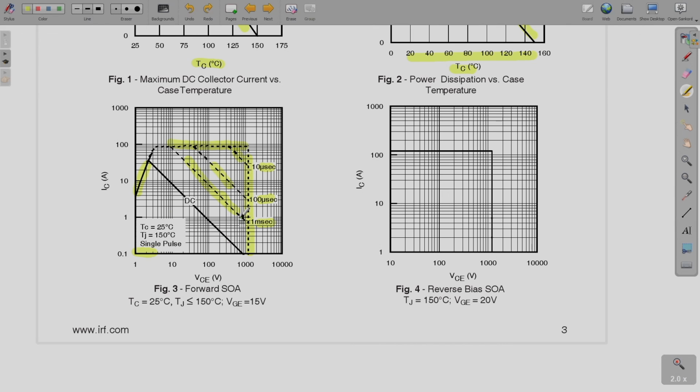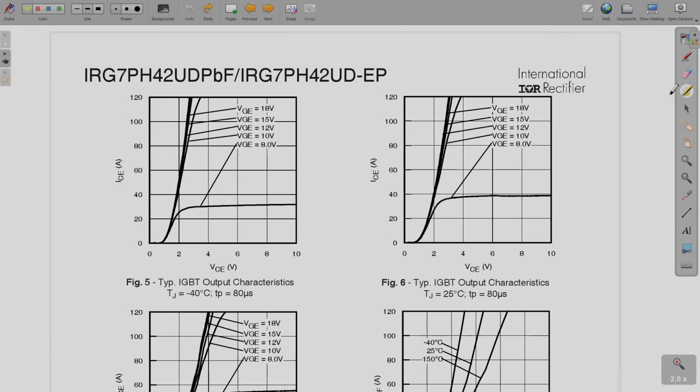So this is all your safe operating area, the normal SOA or the forward biased SOA, FBSOA. Then your RBSOA, reverse biased SOA, is just basically two lines over here, one the current limit and another the voltage limit.